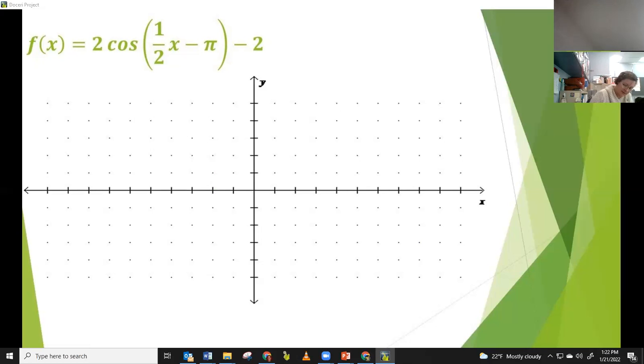Yes, it does. What else? Down 2. Yes. My midline is going to shift down 2.